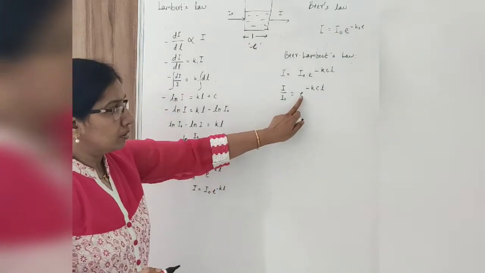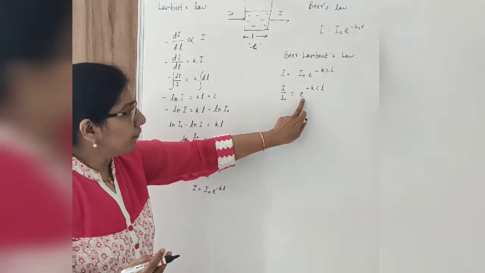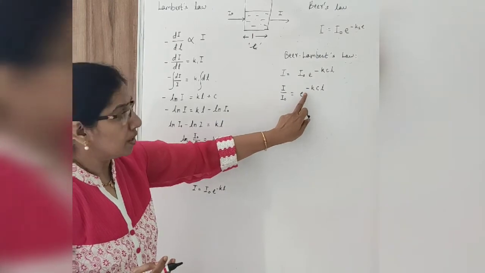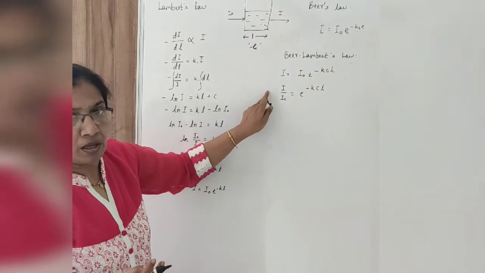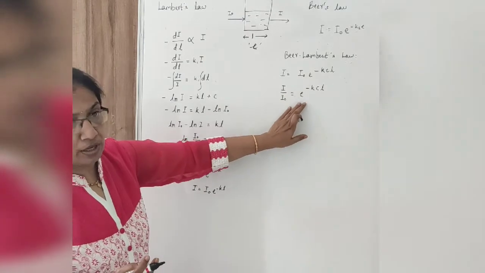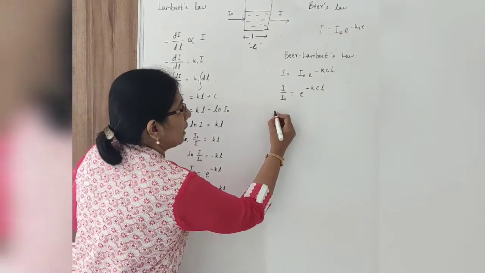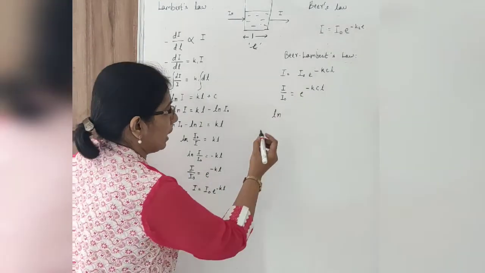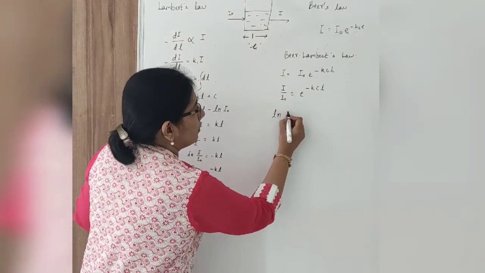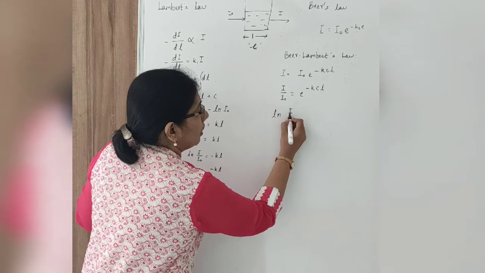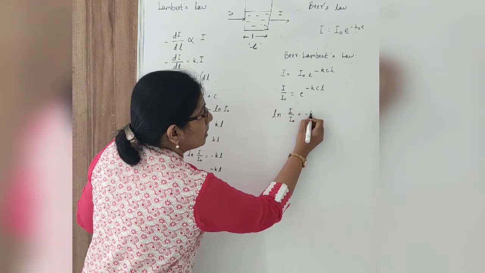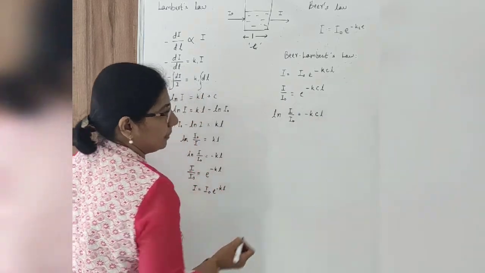To convert this into logarithm, with e as base, you might know the logarithmic rules, we can write this as ln, that is log to the base e, natural or Neperian logarithm, of I upon I0 is equal to minus KCl.